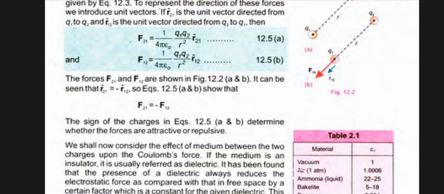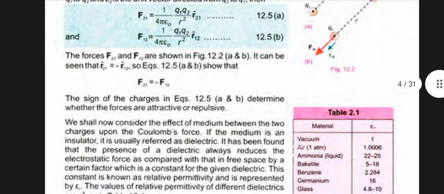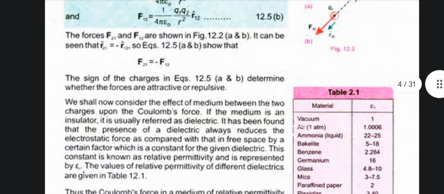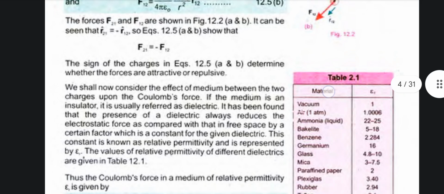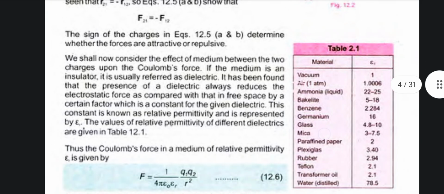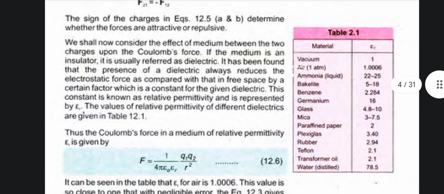F12 is equal to 1 upon 4 pi epsilon naught Q1 Q2 upon R square R12. The forces F21 and F12 are shown in figure 12.2 A and B. It can be seen that R21 is equal to minus R12. So equations 12.5 show that F21 is equal to minus F12. The sign of the charges in equation 12.5 A and B determines whether the forces are attractive or repulsive.